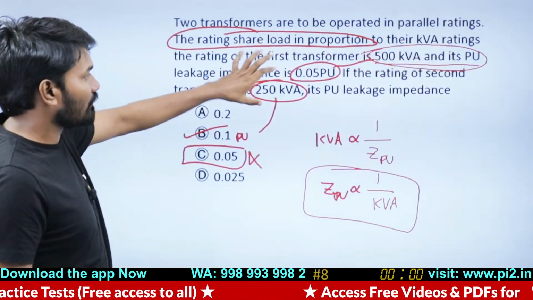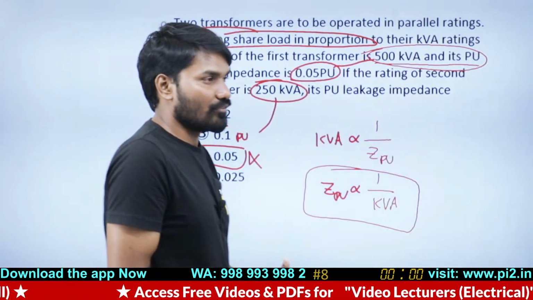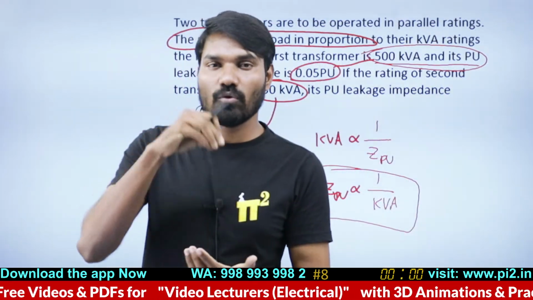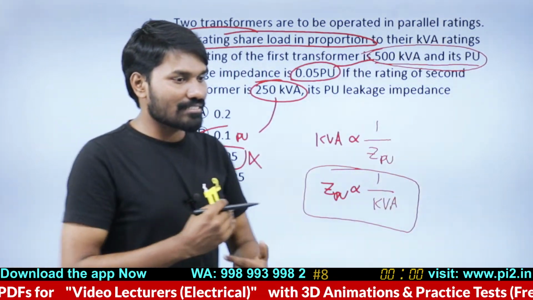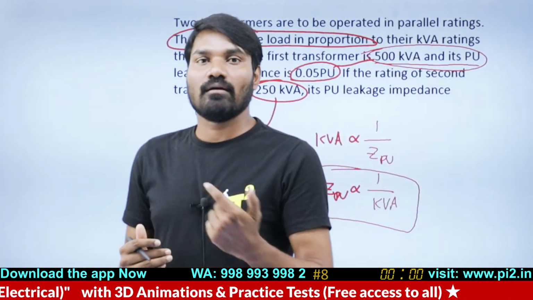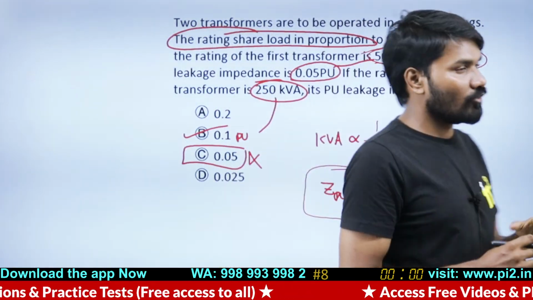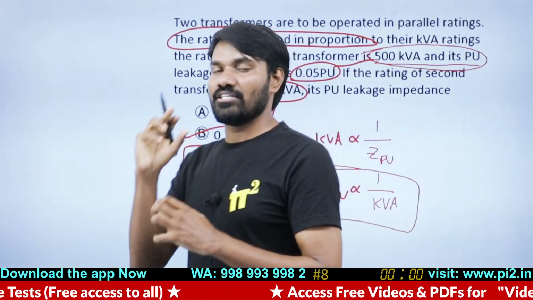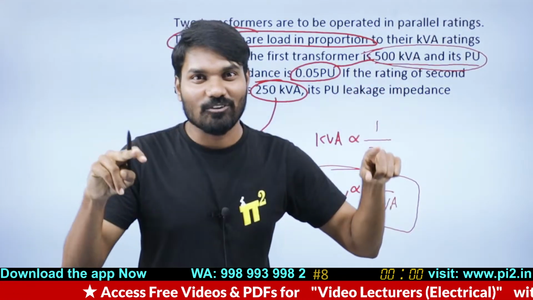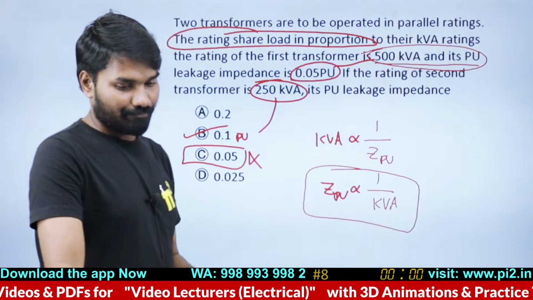But when he's asking about the 250 kVA transformer, how much per unit leakage impedance, you have to understand he's asking with its own base. How will you know how to solve these kinds of ambiguities? Just by attempting more number of questions, then you will know the context, the idea of the question, in which direction he is asking. That's only possible not just by watching, but by solving. Anyways, for this the answer is B.